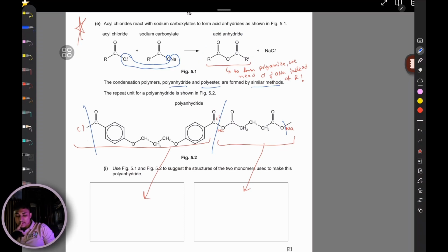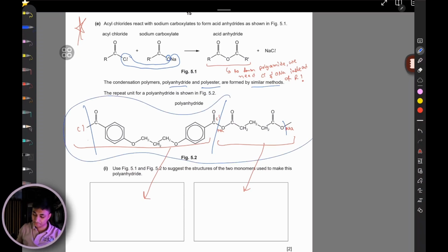And they tell you polyanhydride, that is a polymer made up of monomers of these type of compounds, is going to look like this. And these are similar to, they are saying, polyesters, where ester bonds are created. So what I'm understanding from this is, even in this case, ester bonds are created, because they're telling you polyesters are produced in a similar method.